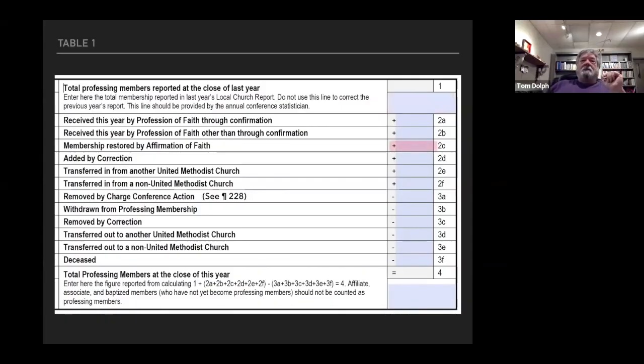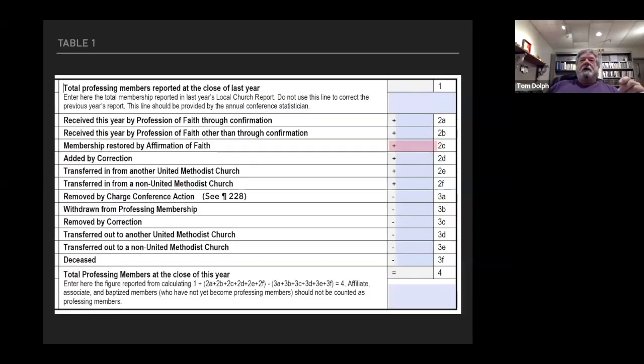I want to talk about 2C for a minute: membership restored by affirmation of faith. Some people think that this is for folks who have been away for a while and have come back and rededicated themselves to the church, which is a wonderful thing.